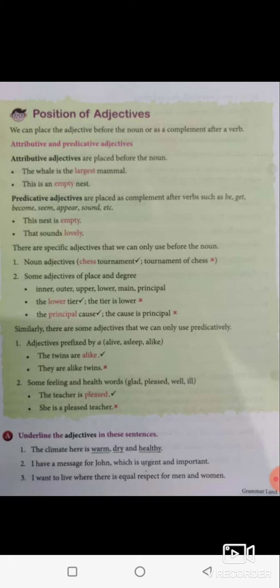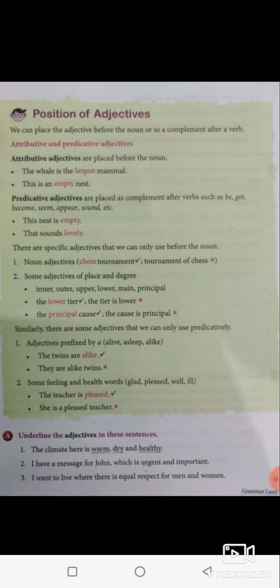That sounds lovely. The word sound they have already given for the example. That sounds lovely. Lovely here plays the role of adjective. So it is a predicative adjective.